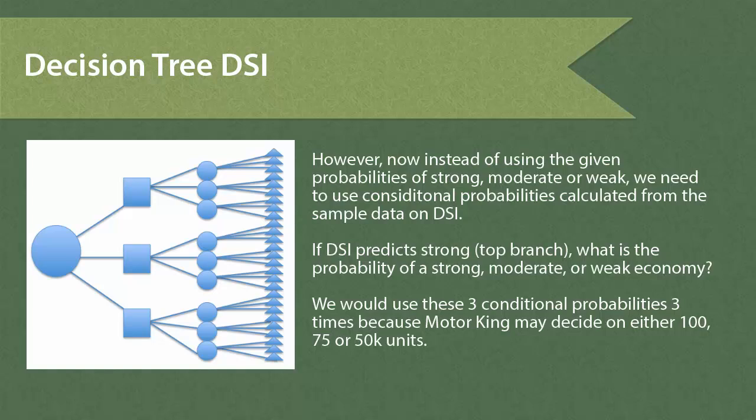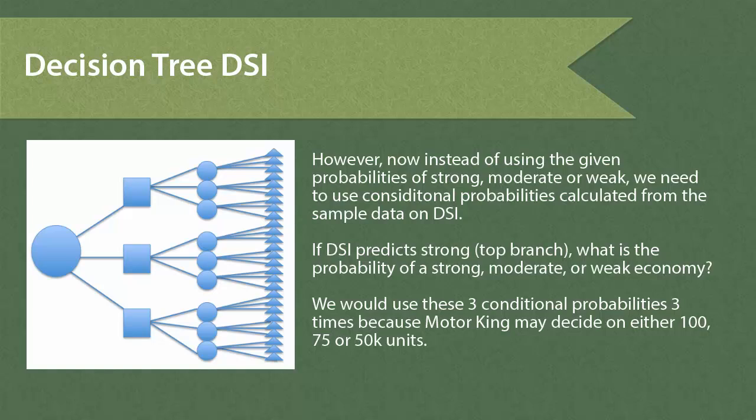Now, for each prediction, Motor King needs to decide 100K, 75K, or 50K. So if DSI predicts strong, what's the probability of strong? If DSI predicts strong, what's the probability of moderate? If DSI predicts strong, what's the probability of weak?